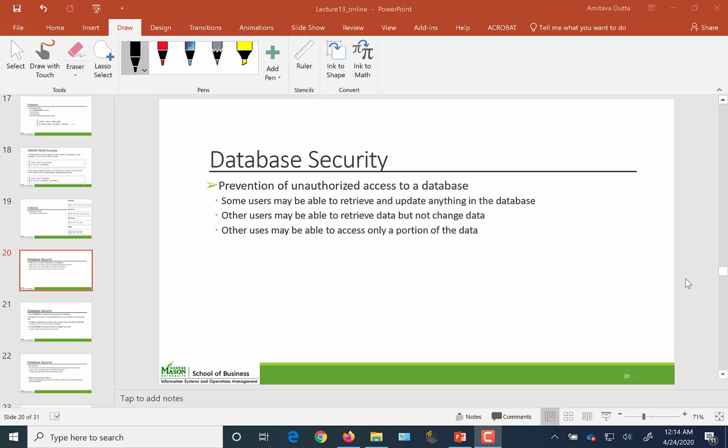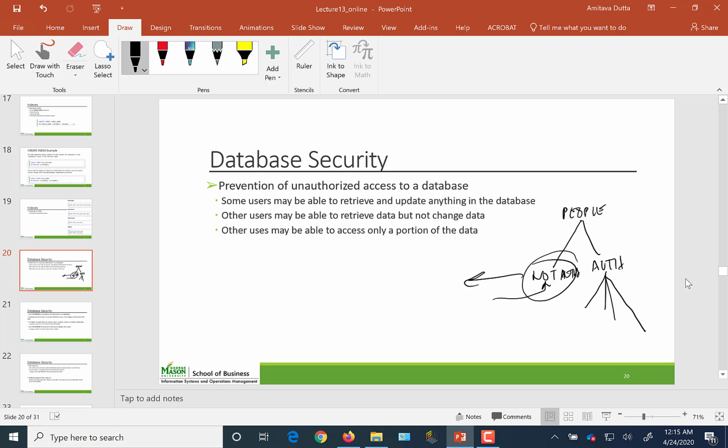So if you can think about it, you have people who are authorized and who are not authorized. And these include people who are actively trying to get into the database also. So you have to keep all these people out of the database. Now these people can get in or are allowed to get in, but they have different levels of access.